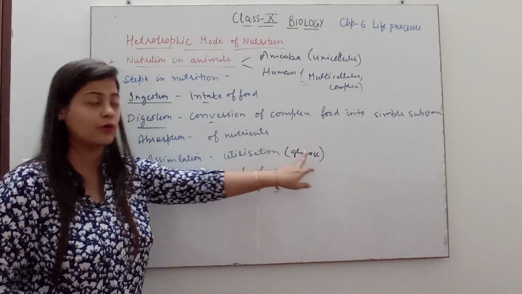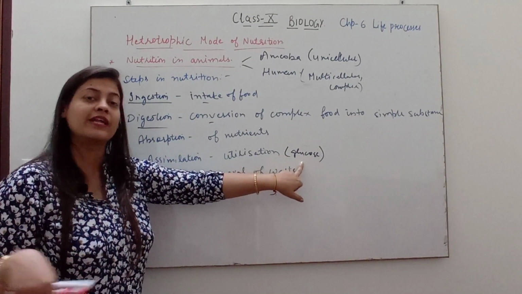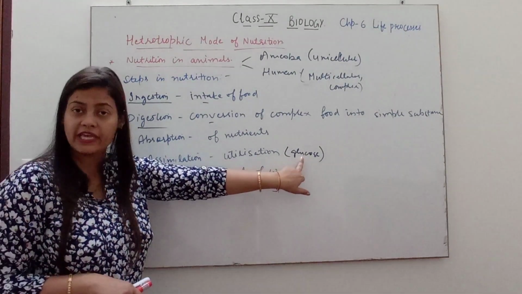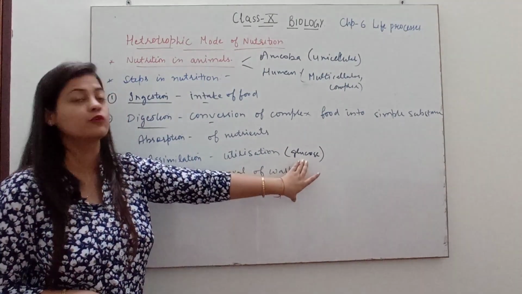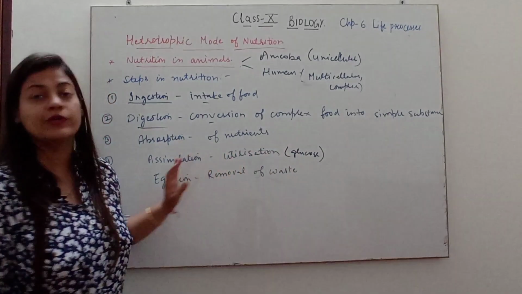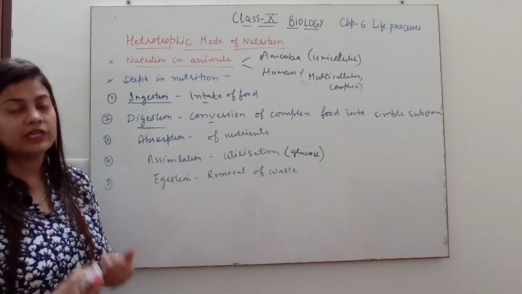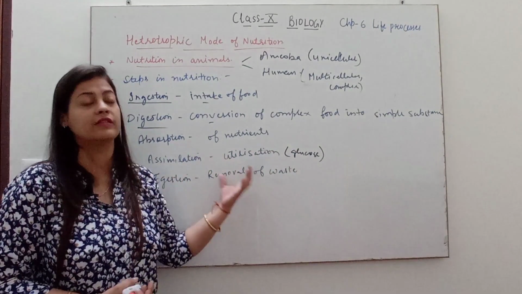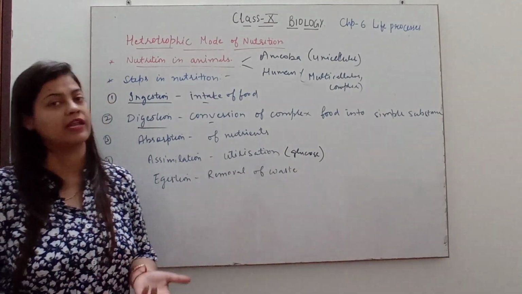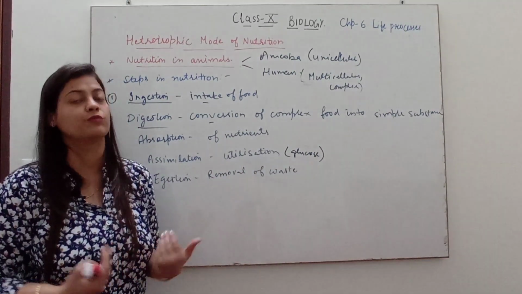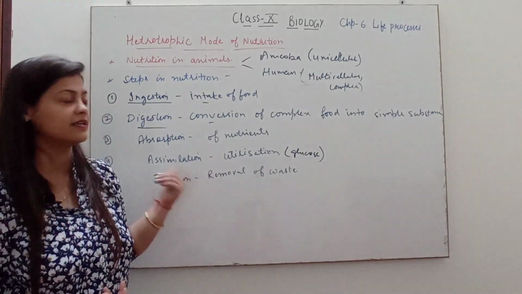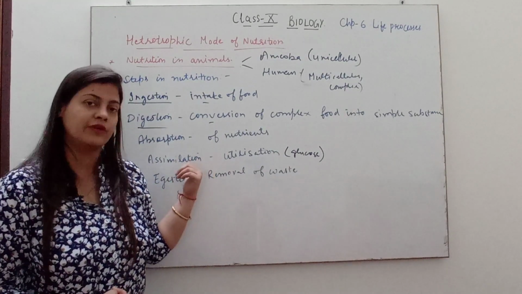Glucose will be absorbed by the body and transported to each and every part of the body, and in each cell this glucose will be utilized for respiration to release energy. So utilization means whatever we have taken should be utilized by the body for some purpose. Ultimately we require food for producing energy because we have to perform various life activities. That is why we take food and then utilize it.